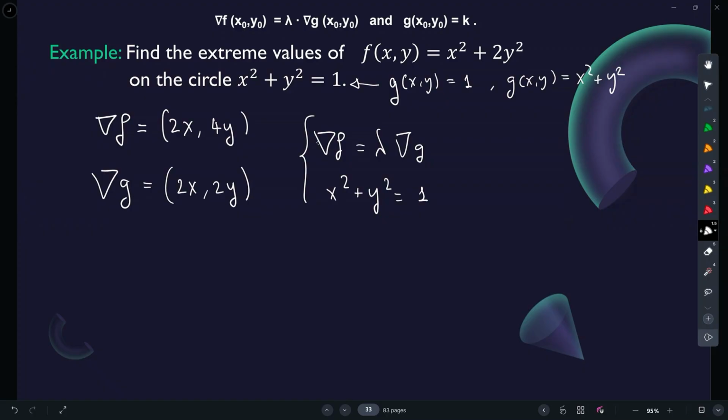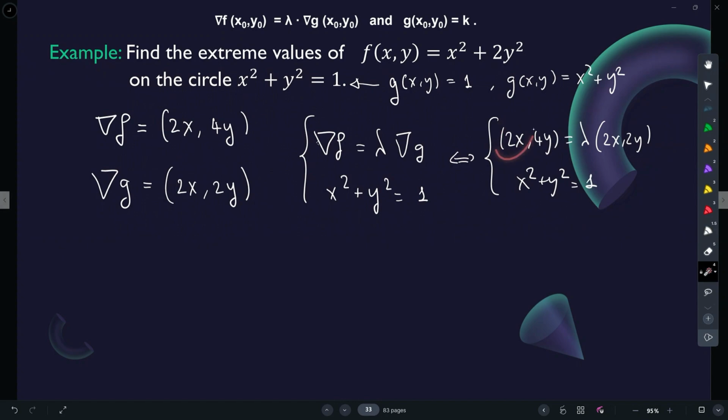Okay? So this is the same as I want (2x, 4y) to be parallel to (2x, 2y), and x squared plus y squared has to be 1. And this gives you two conditions, because the x coordinate has to be a multiple of the x coordinate here, and this coordinate has to be a multiple of that one.